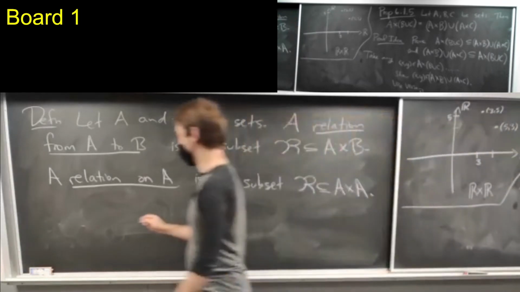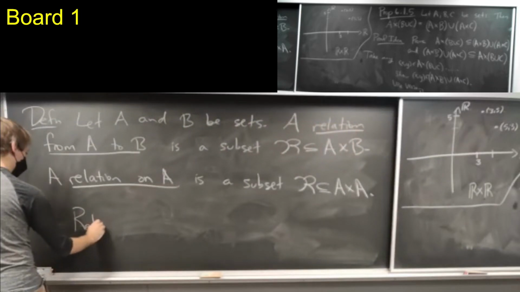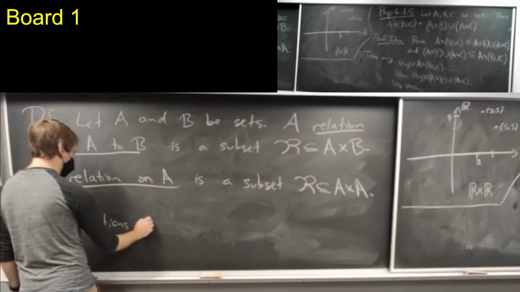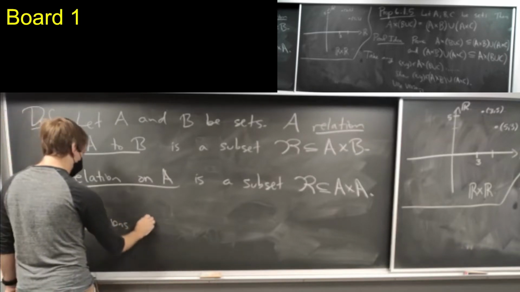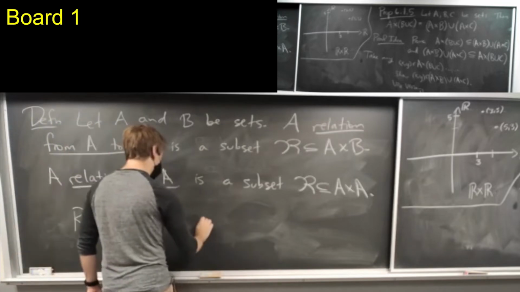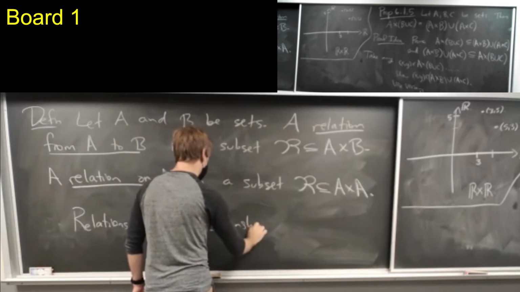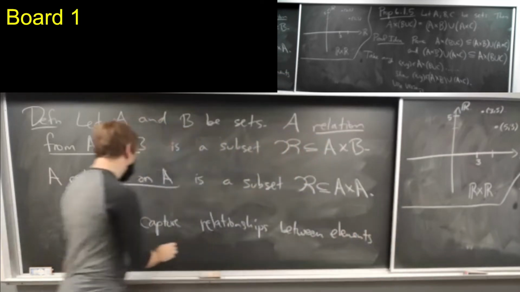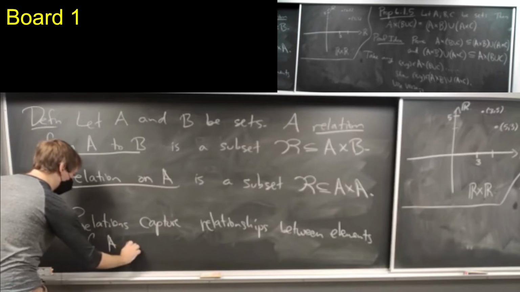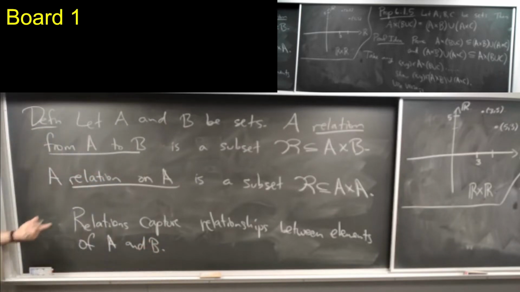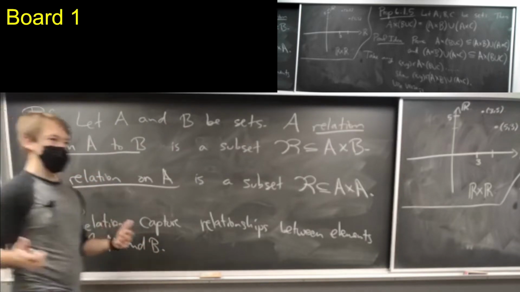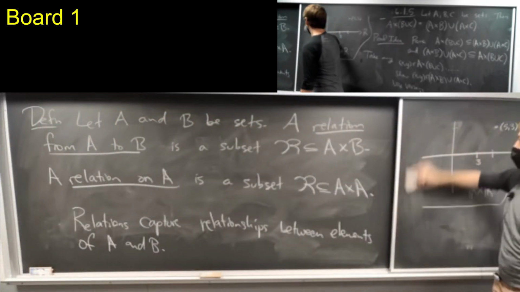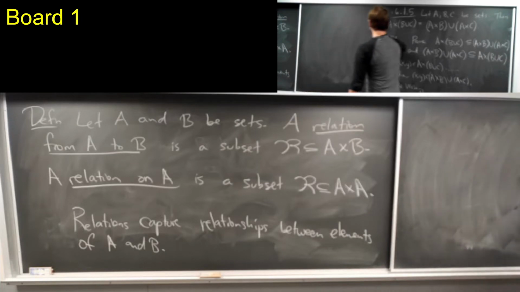So relations capture relationships between elements of A and B. What I mean is a relation from A to B talks about relationships between elements of A and elements of B. So let me give you an example.